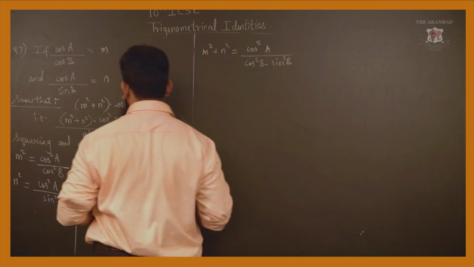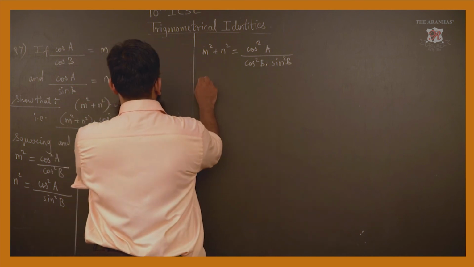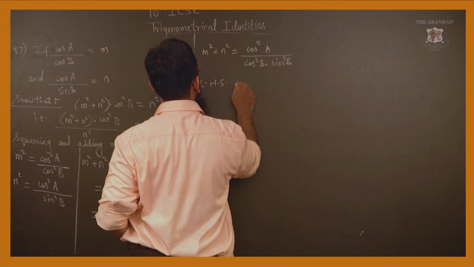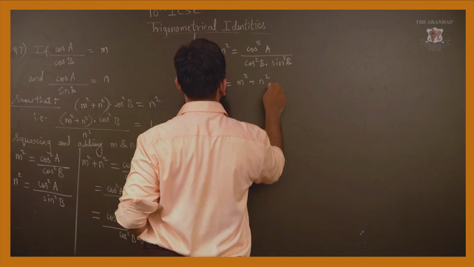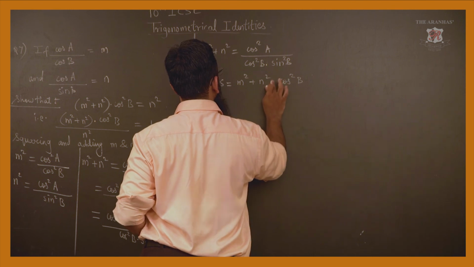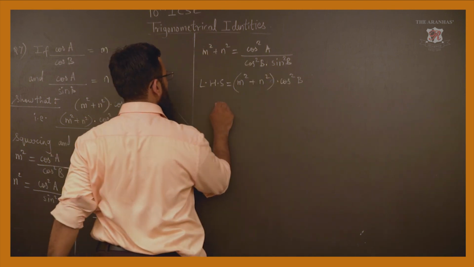Let us take the LHS now. LHS is m square plus n square into cos square B. Let us put the value of m square plus n square here.